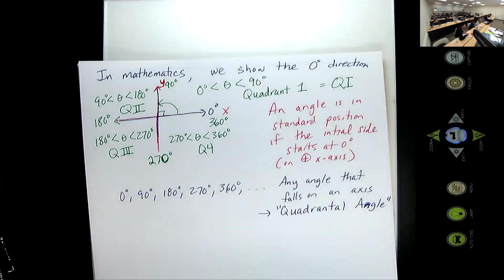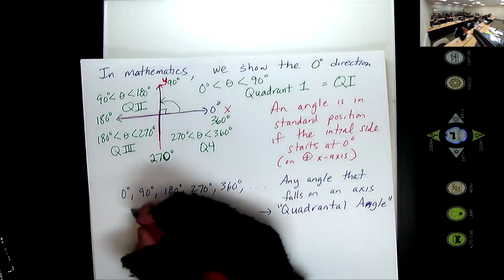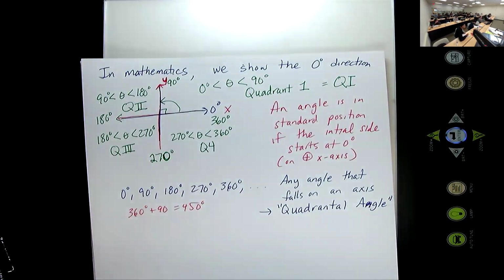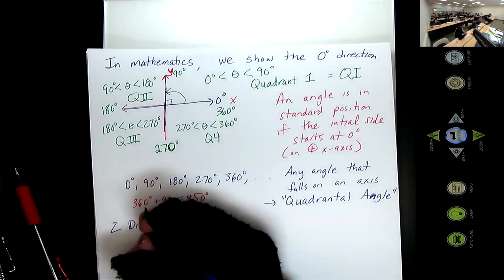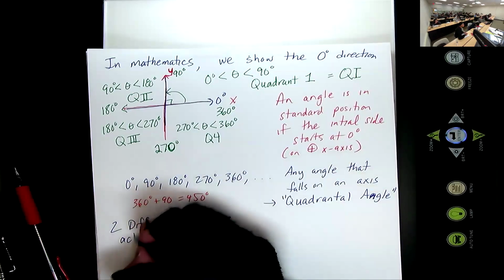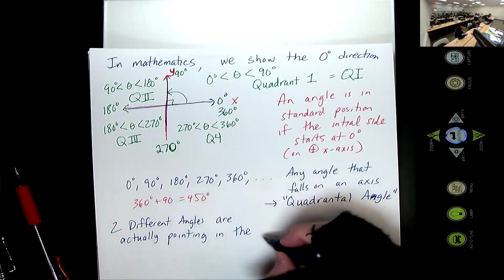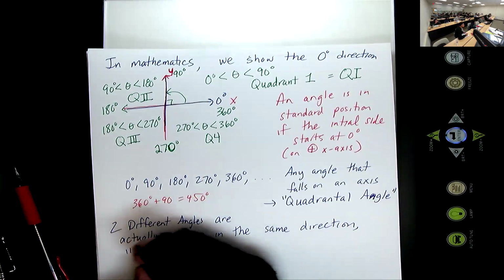If I went around again and added another 90 degrees to 360, like if you're winding something up, you could do more than one lap. The next one, 360 plus 90, would be 450 degrees. When two different angle measures, or two different angles, are actually pointing in the same direction, they are called coterminal angles.